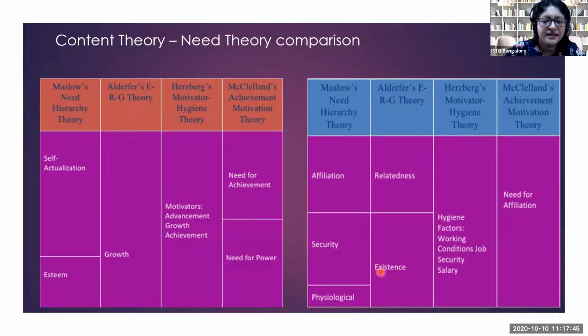We have just seen the existence needs, which are the security and the physiological needs, because these are the reason for our existence. If we don't have food, water, or shelter, it becomes difficult for us. If you don't have job security, imagine a situation wherein people are not having jobs in this current scenario. That is the very reason for our existence.